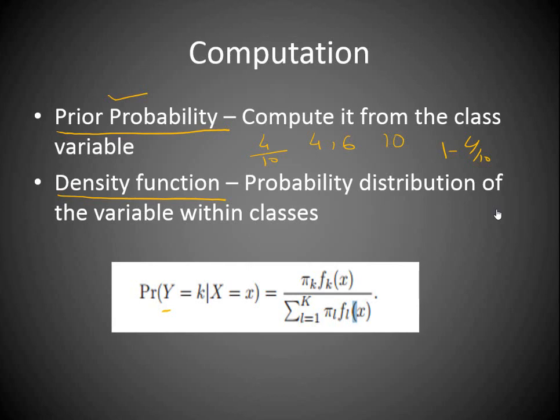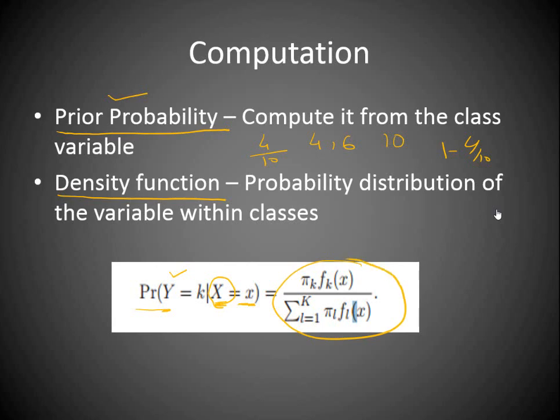So the probability that y belongs to the kth class, given the explanatory variable takes a value of x, is given by this formula.